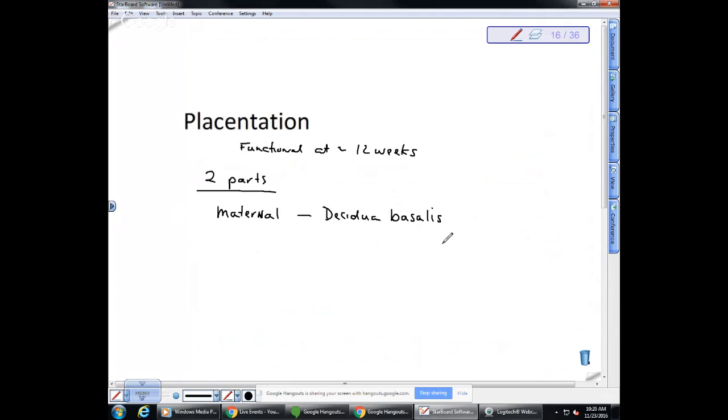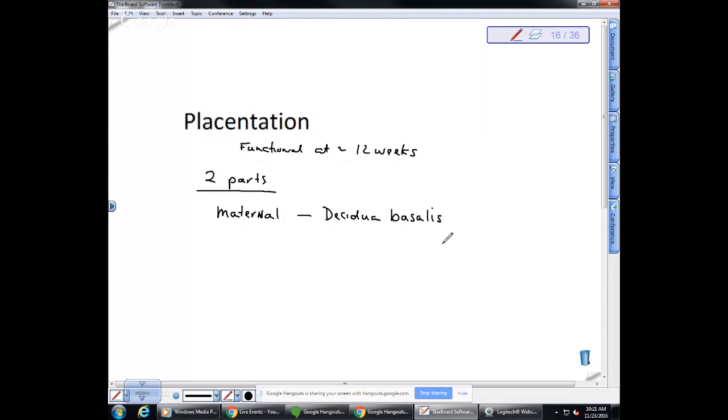If you've ever seen a placenta being delivered, you can see the difference between the fetal side and the maternal side. The decidua basalis is really smooth, right? And it's called decidua because it sloughs off.